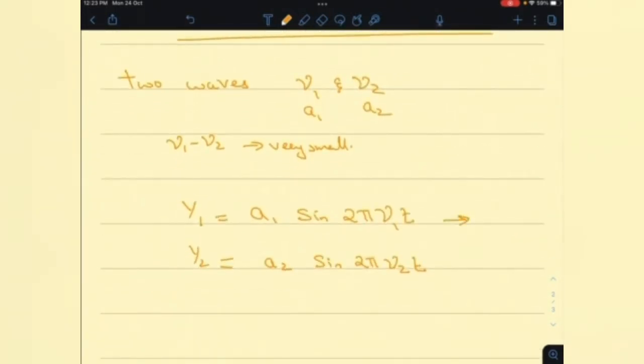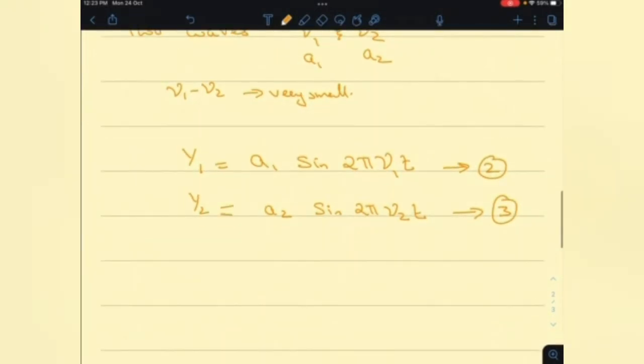Therefore, total displacement y is equal to y1 plus y2 from the superposition principle. Now you just substitute for y1 and y2. So y is equal to a1 sine 2 pi nu1 t plus a2 sine 2 pi nu2 t.